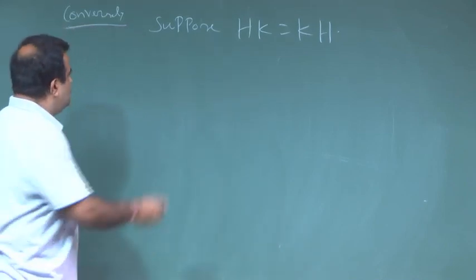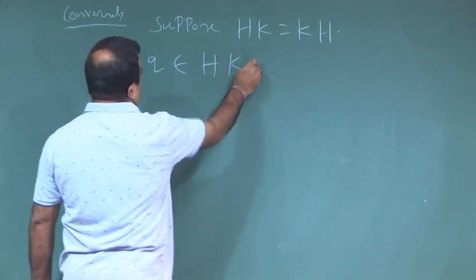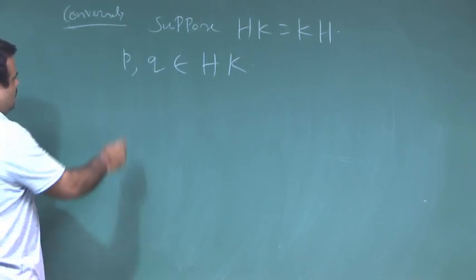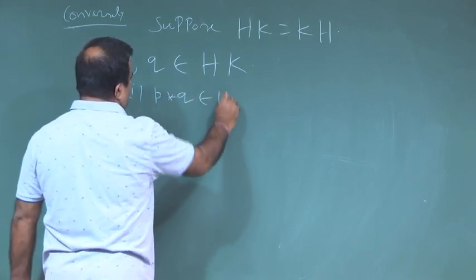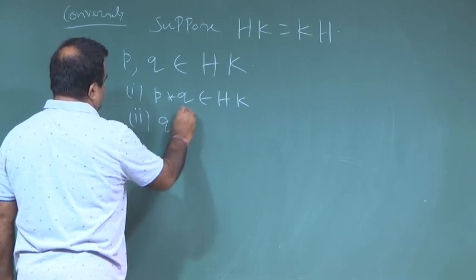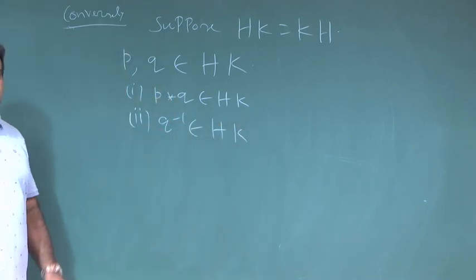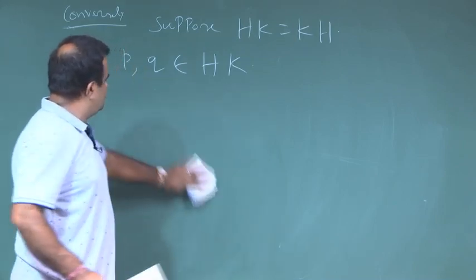So, let us take two elements from this and then we are going to show that two properties hold: p star q also belongs to this, and if you take an element q, q inverse belongs to this. So, if you can prove these two, then we are done. We will try to prove the first one, and the second one I will leave you for the exercise.